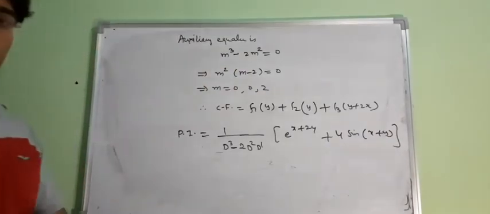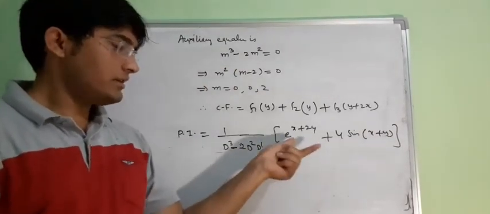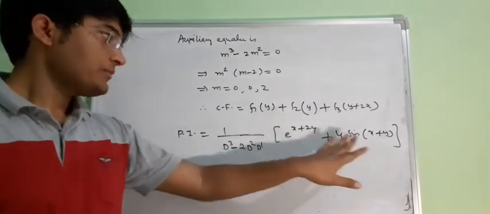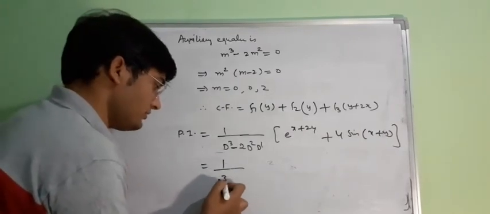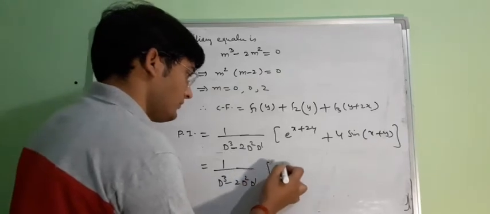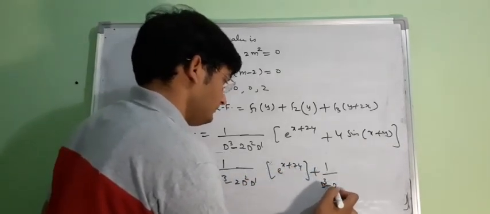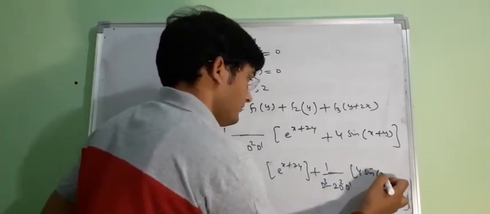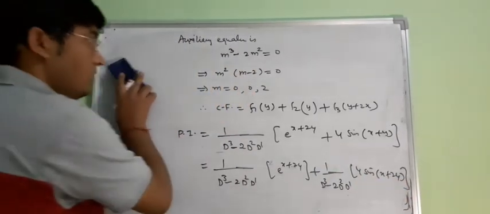I don't know what the exact term in the bracket was. Let us suppose that this is your right hand side. If this is the right hand side, then we will partition it into 2 parts.